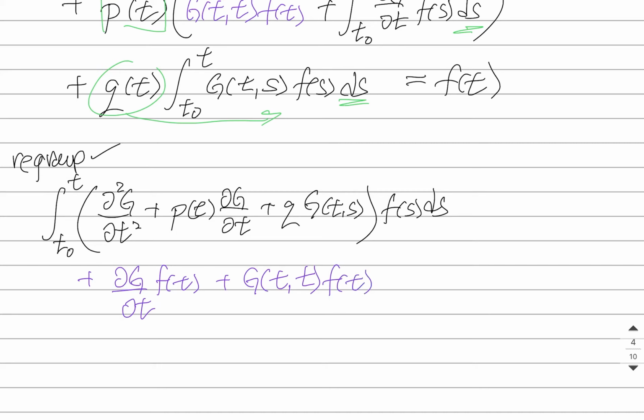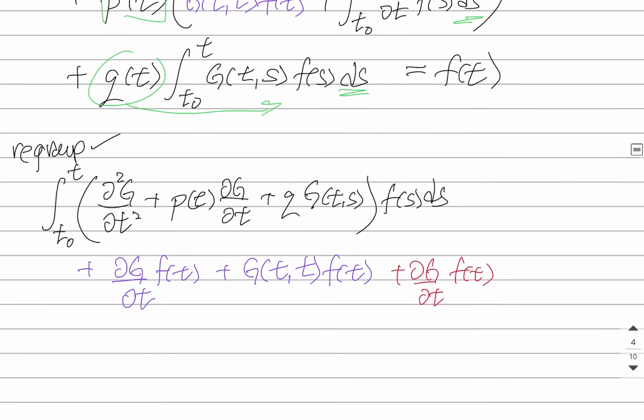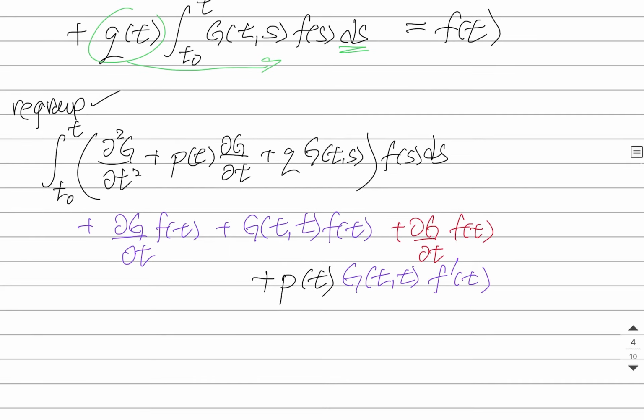I'll have a red term, f(t), and then I'll have another one of these purple terms that pops up, p(t) times all of this stuff, g(t, t) with an f prime of t. And I want that to be equal to f(t).